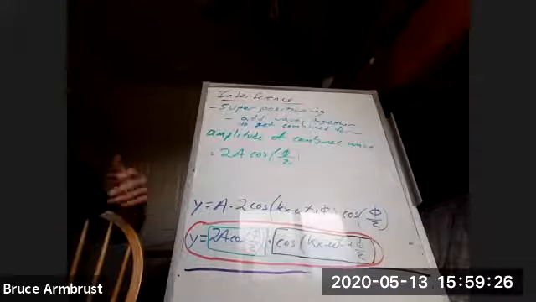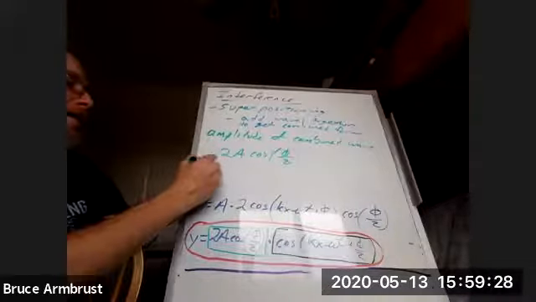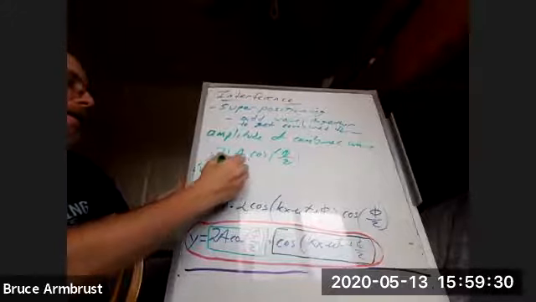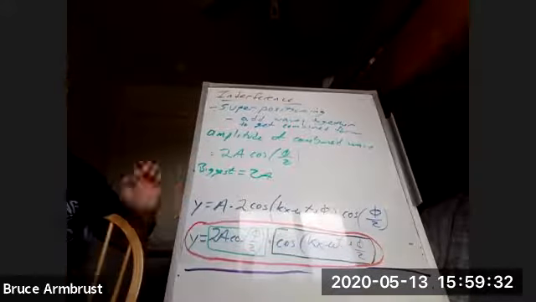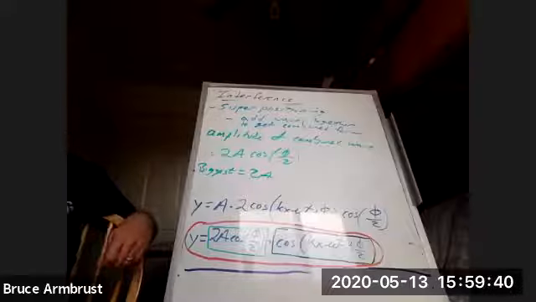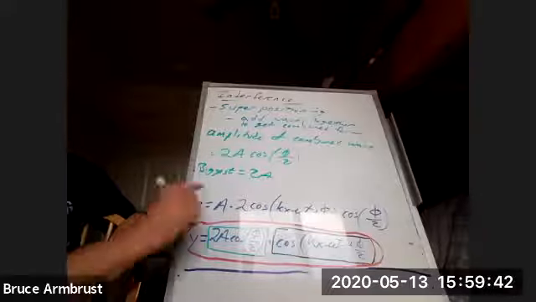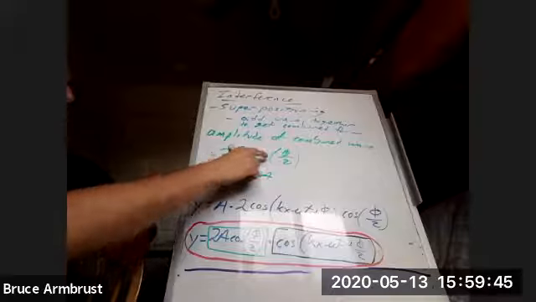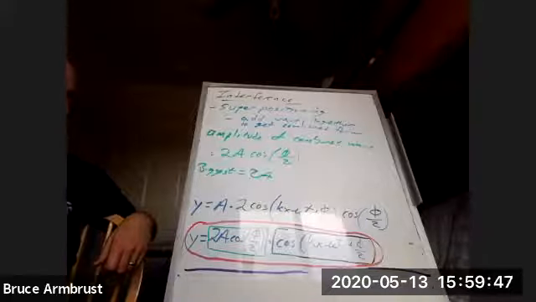So the biggest this could be is 2a. The largest we could get as an amplitude is if the cosine is equal to 1, and so we get an amplitude of 2a.